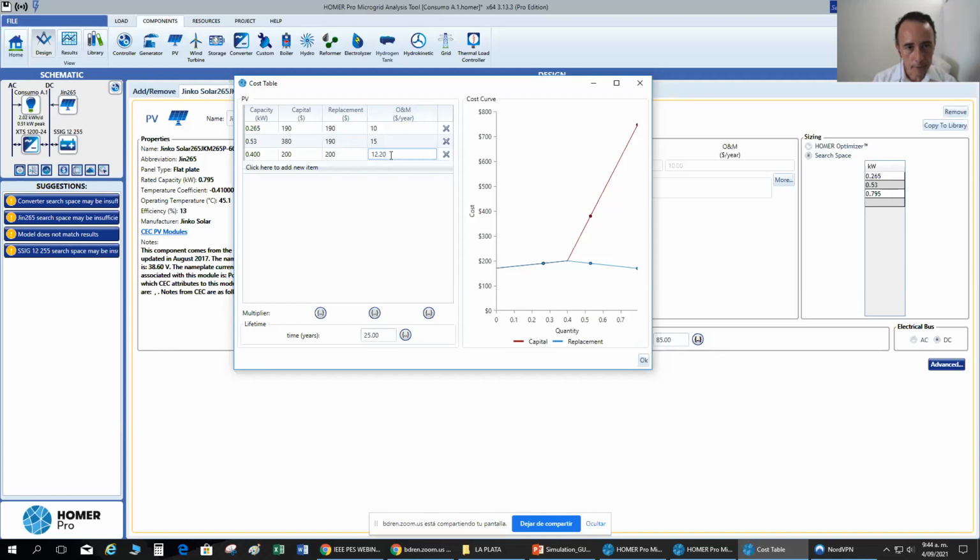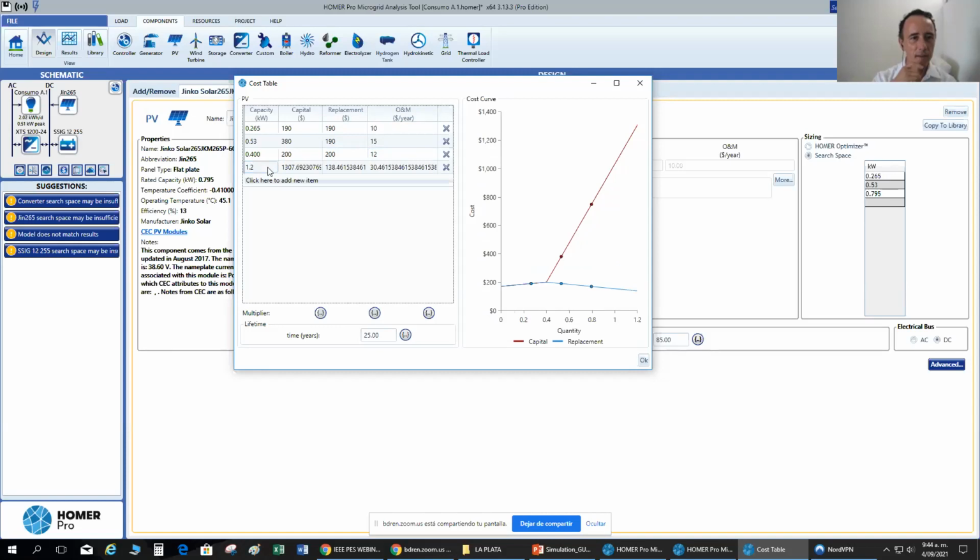Okay. After this, I have one more question. If I add 1 kilowatt instead of 0.265, and the capital cost for 1 kilowatt is about maybe 1,000 rupees. I'll be talking in rupees because the currency is Pakistani.